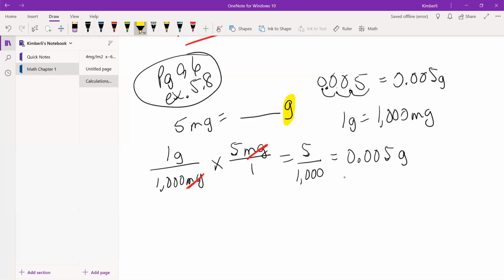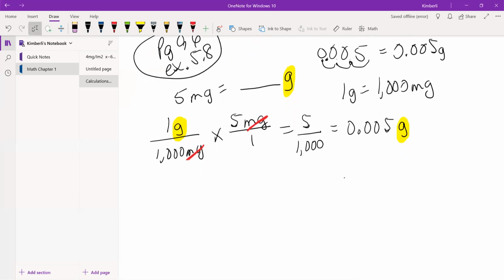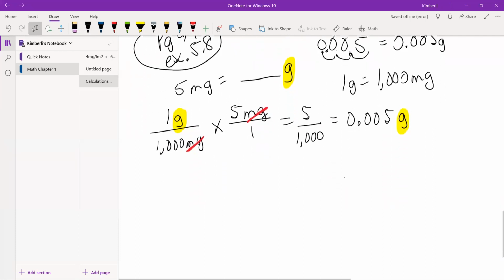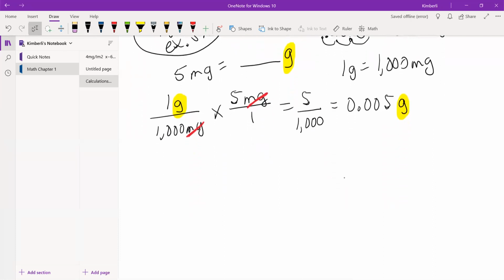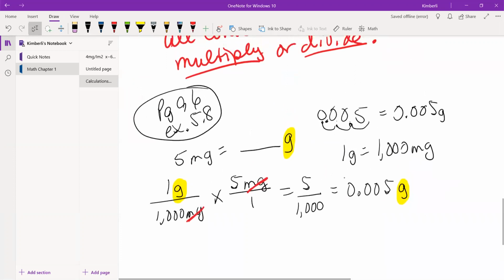Okay, so grams are what we wanted, grams are what we end up with, because we started out by putting them on top, and our conversion factor is 1 over 1,000 because we want the grams on top and the milligrams on the bottom. So that tells us to divide. So when you use this dimensional analysis method, it kind of tells you whether to multiply or divide.